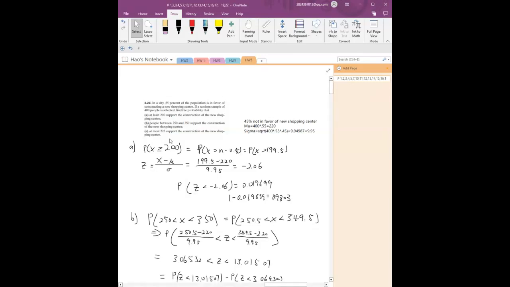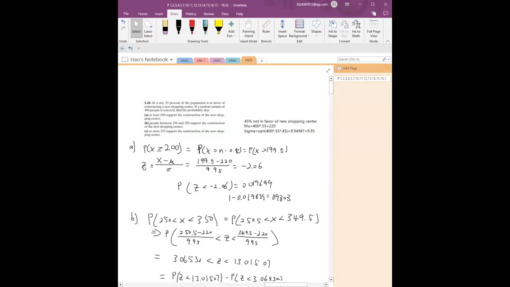For A, at least means x greater than or equal to 200, so we use x greater than 199.5.